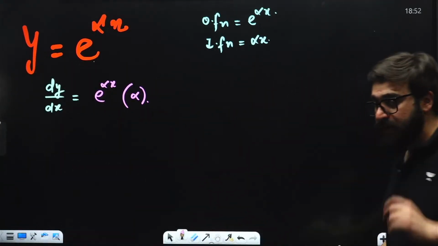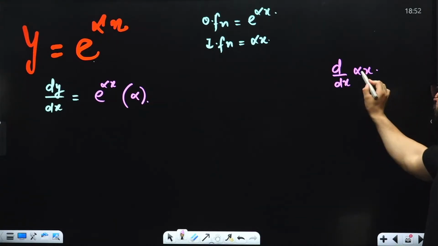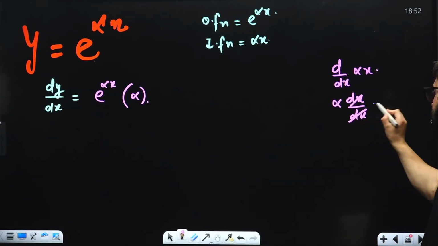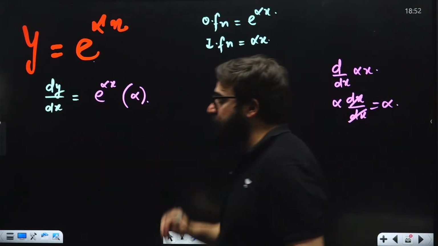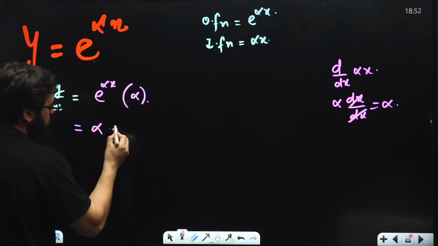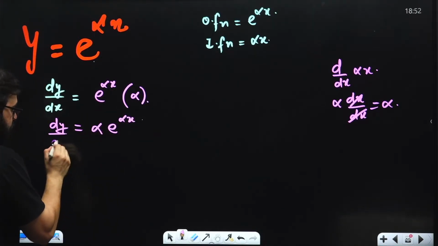I say it is d by dx of alpha x. Take this alpha out, so it will be dx divided by dx. This and this will cancel, so it will be alpha. So now put this over here. This will be alpha e raised to the power alpha x. So this is dy divided by dx.